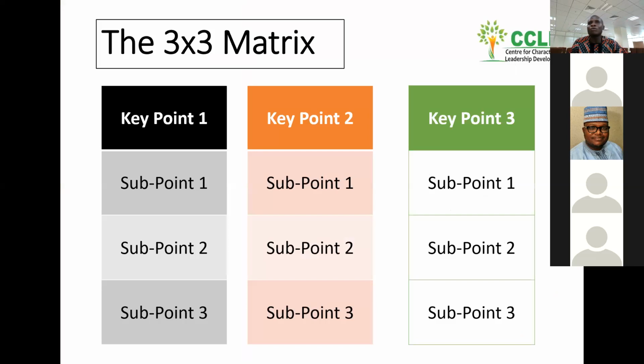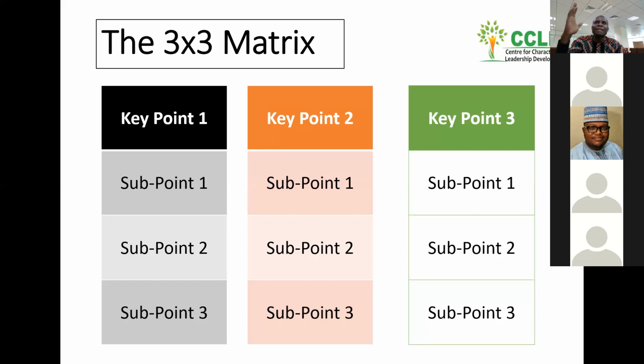That brings us to the much awaited 3x3 matrix. As you can see it on the screen, it's a very simple way of arranging your thoughts. And it's the most effective way I have found so far. For instance, I don't bother myself writing my speech. If you ask me to talk on anything now, the first thing that comes to my mind is, what do I want these people to know about this subject matter?